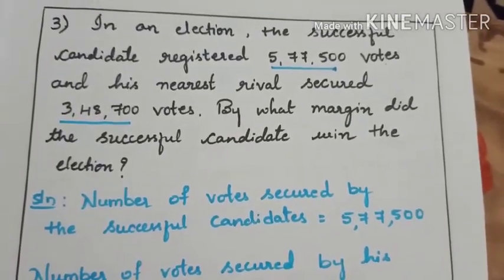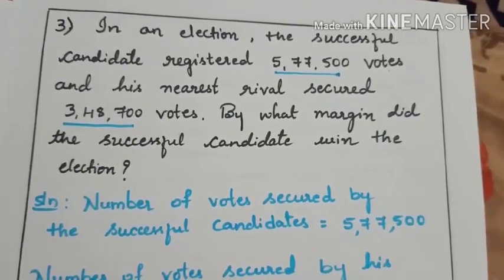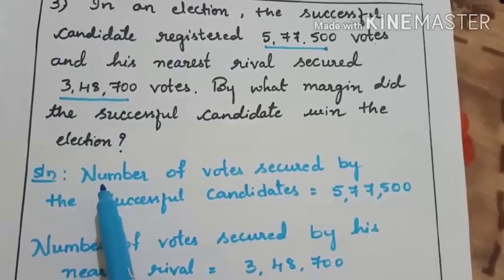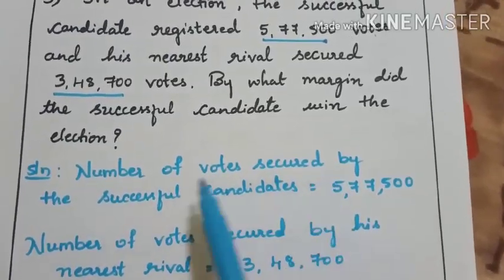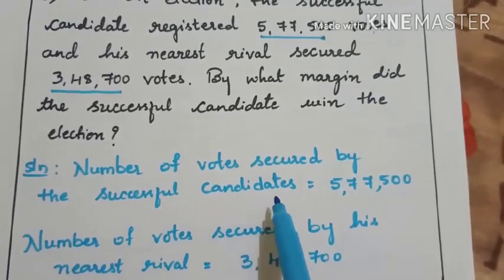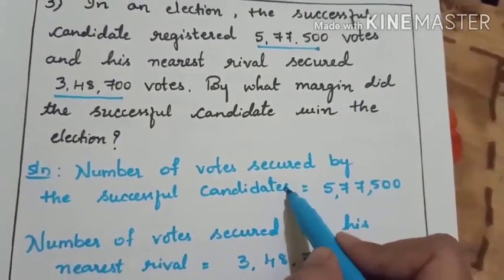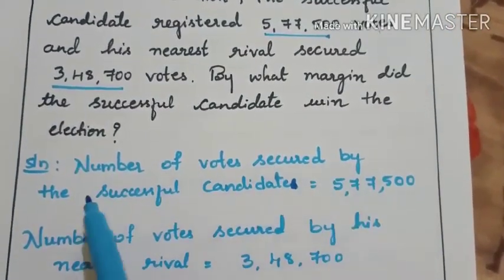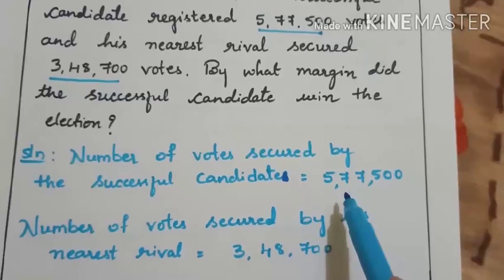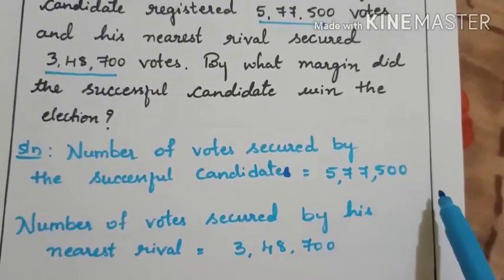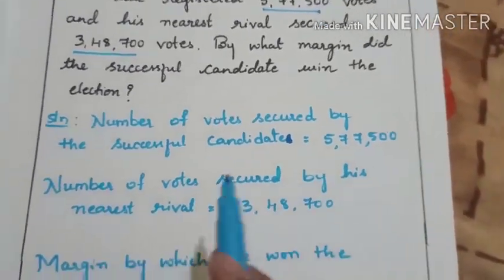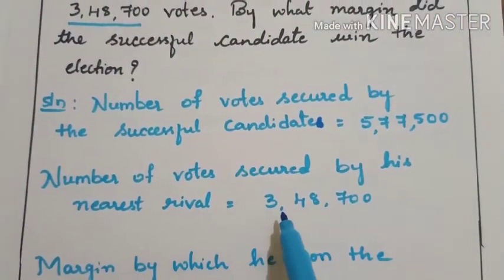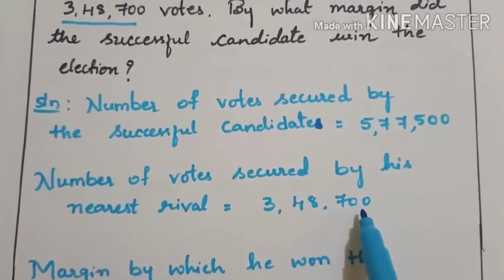So here also we have to do the subtraction. Let's write the answer. Write down the sentences properly. Number of votes secured by the successful candidate is 5,77,500, and number of votes secured by his nearest rival is 3,48,700.